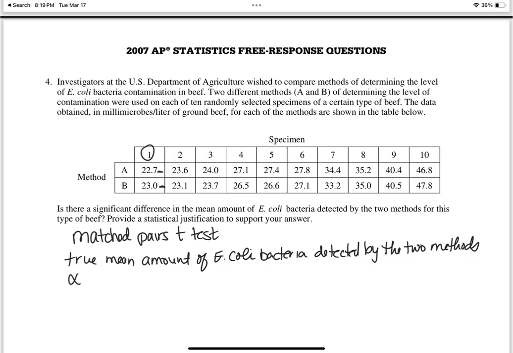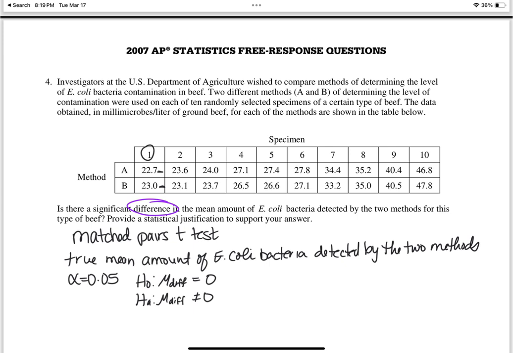And we're going to set an alpha of 0.05 because it doesn't tell us anything else. And our H naught is that the mean difference is equal to 0. And our alternative, because it just says, is there a significant difference, is going to be that mu difference is not equal to 0.